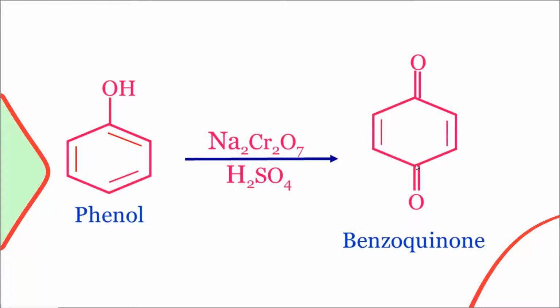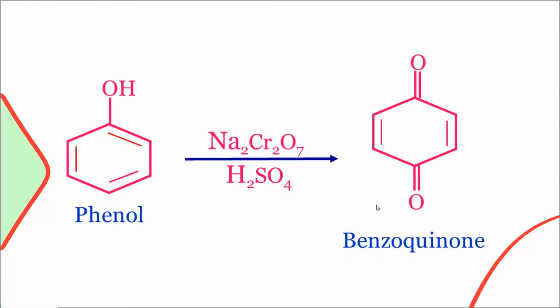You can see carbon here and carbon here, which are of the benzene ring. Now you have O attached, so we call this one ketone and this the second ketone, a diketone, and the name given to this compound is benzoquinone.